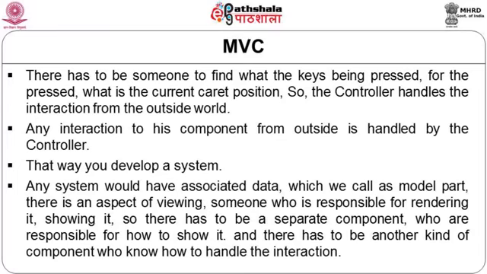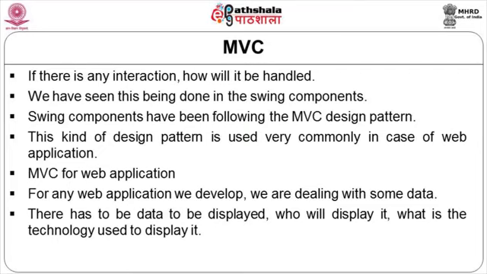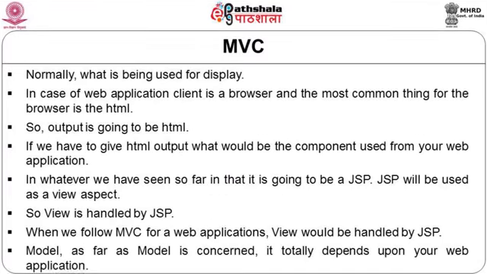If there is an interaction, how will it be handled? We have seen this being done in Swing components, which follow the MVC design pattern. This kind of design pattern is used very commonly in web applications. For any web application which you develop, we are dealing with some data.